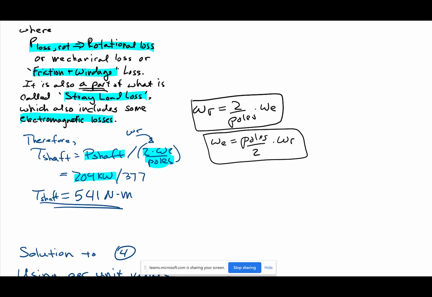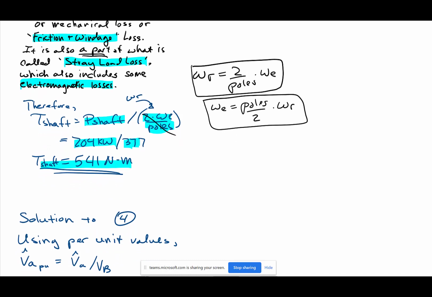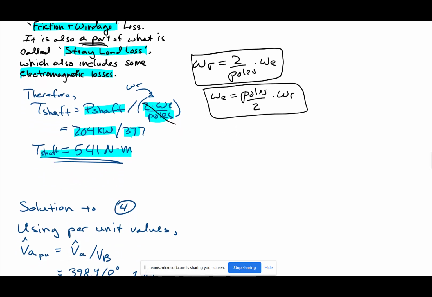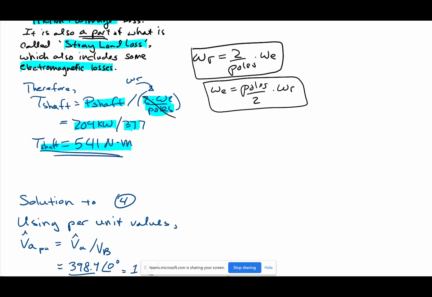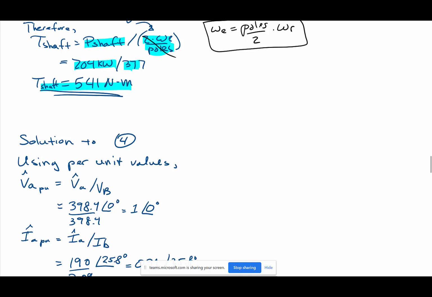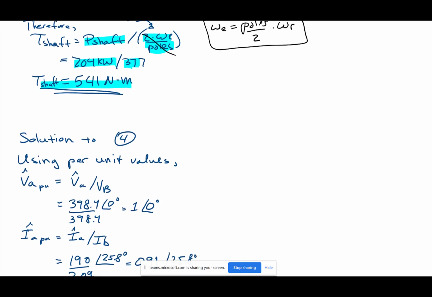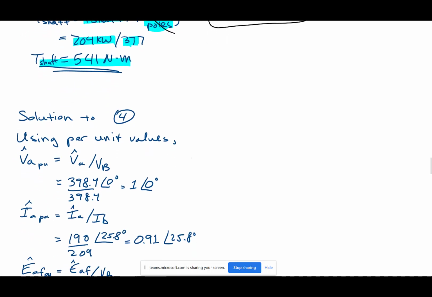So because it's a two-pole machine, these things cancel out. And there's your torque. It's 541 Newton meters. You've got to make sure that you use watts when you do your shaft calculation. Okay, questions on that? Not really. Okay, good.